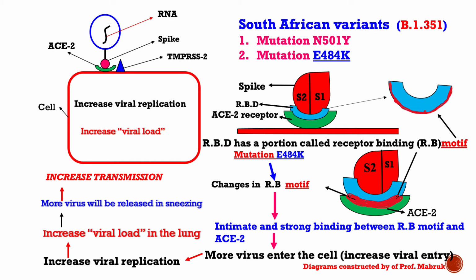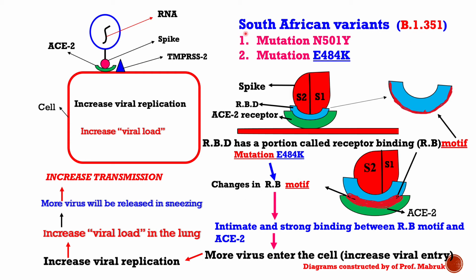Now, after completing the UK variant, we are going to move on to the second variant of the coronavirus COVID-19, which we call the South African variant, or the P1351 variant.